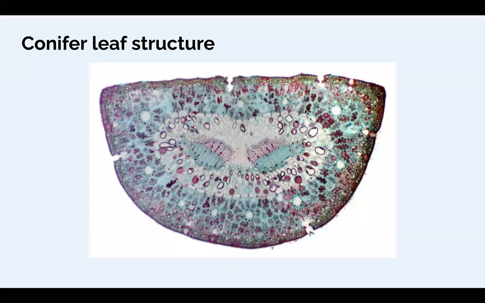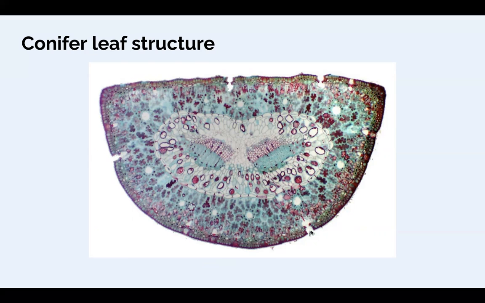This one is from a pine, so a conifer. Basically what we call a pine needle is technically a leaf. So we often call them needles, but here we are, it's just a leaf. So we've got a vascular system here, xylem and phloem and vascular bundles.